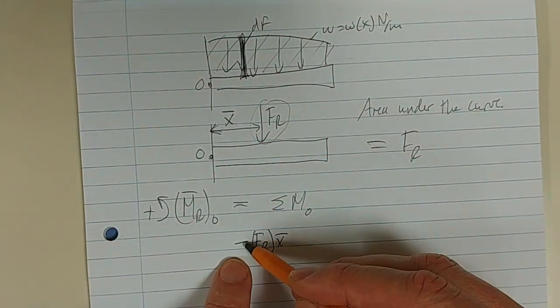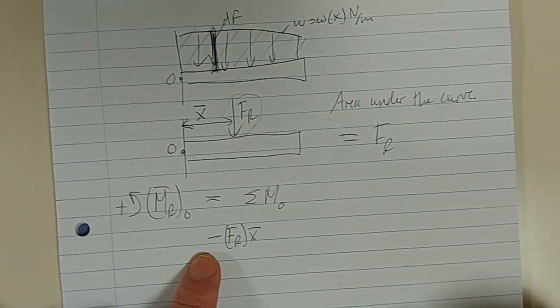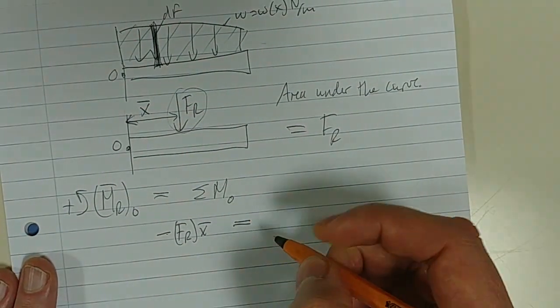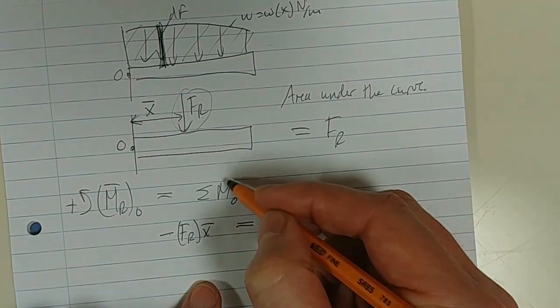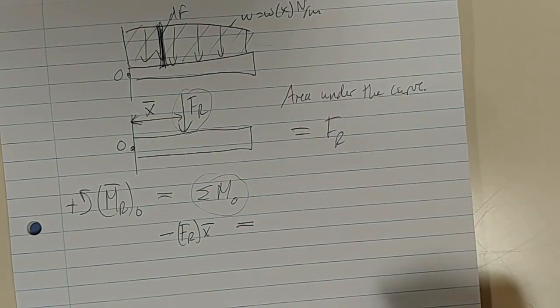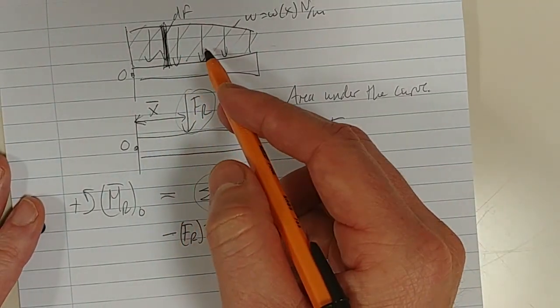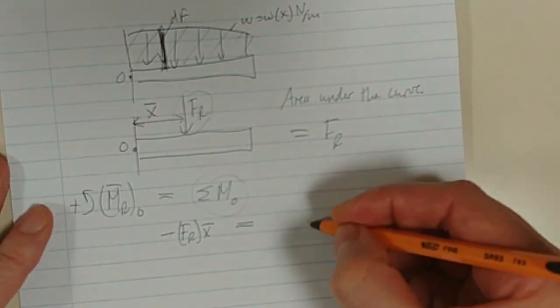Why do I say minus? Because it's causing a clockwise moment. So that, on the left-hand side, is equal to, what do we have here on the right-hand side?